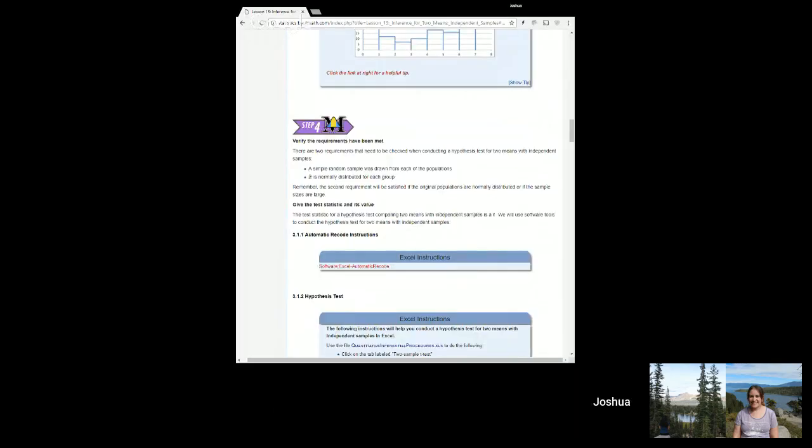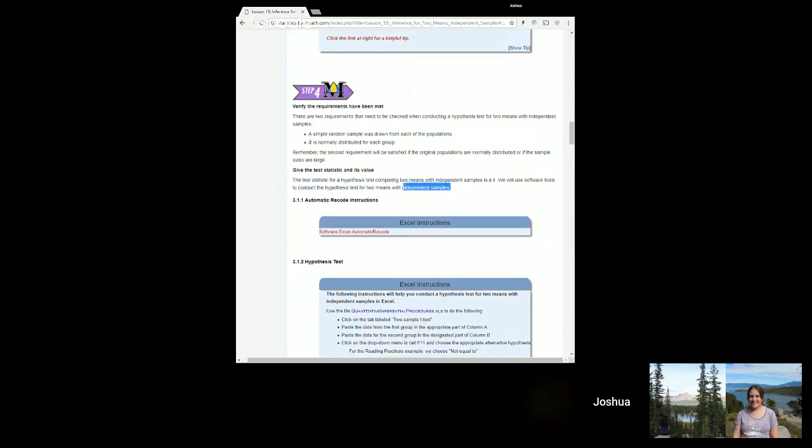All right, so you guys put A and B. Yes. Save. The test statistic for a hypothesis test comparing two means with independent samples is, and that's actually just directly under T. Two samples are independent if no new subject.